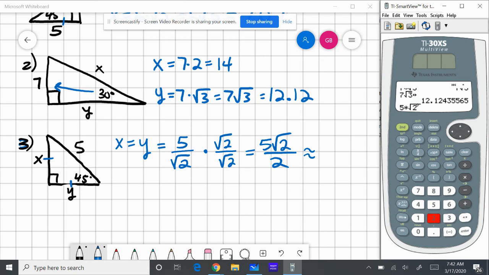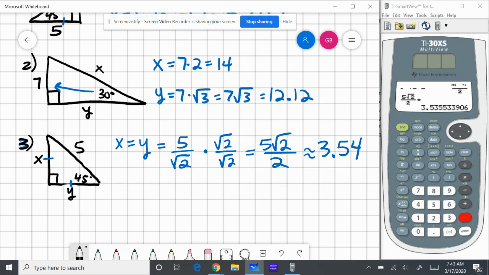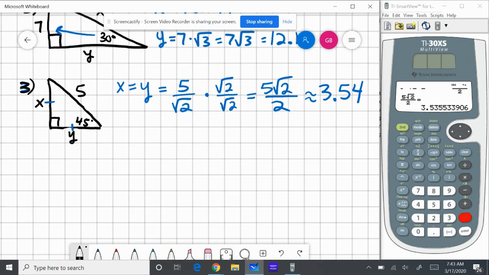All right, I want to get out of the radicals. I'm going to go to the right and then divide by 2. Enter. So that's approximately 3.54. So this 5 makes me round up to 4. So we actually found both at the same time. Let's do a few more examples.